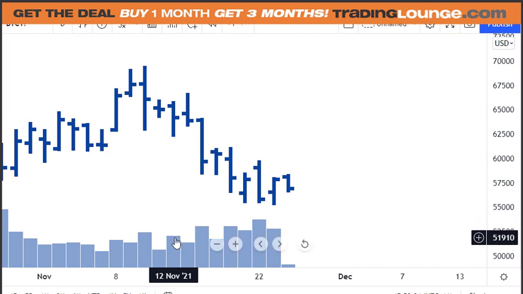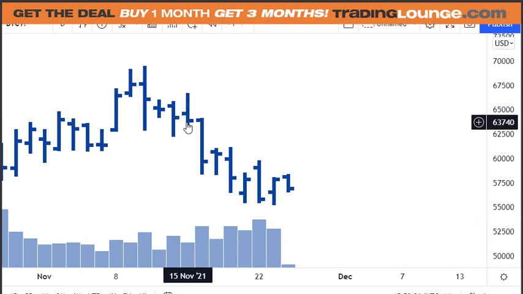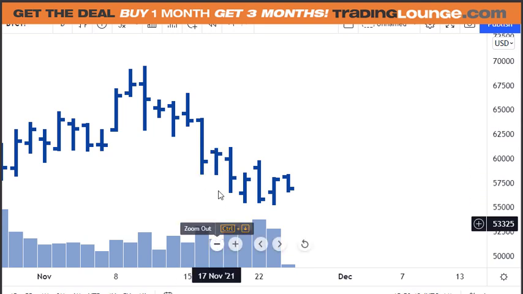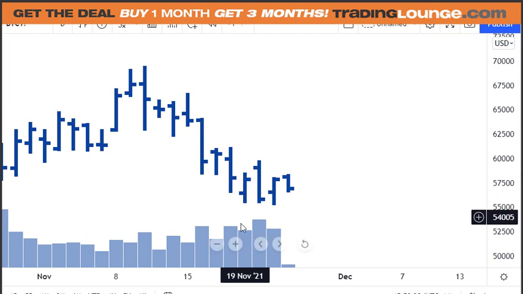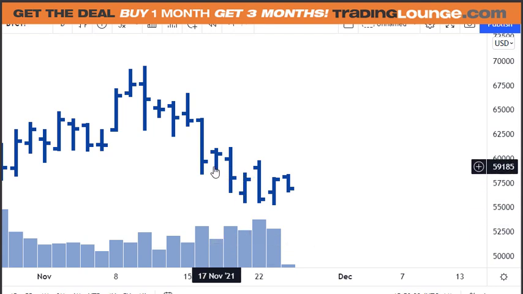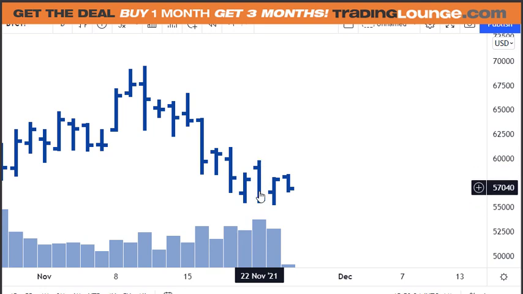This one here's moved up. This one's on lower. This one's got increasing volume in it. The move up here is on lower volume, so that's corrective. This move here's moved down. It's off the low, but it's still moved down, so it's on higher volume. This moved up, so corrective. It's on lower volume, like this one here. This one here opened higher and closed low on higher volume.